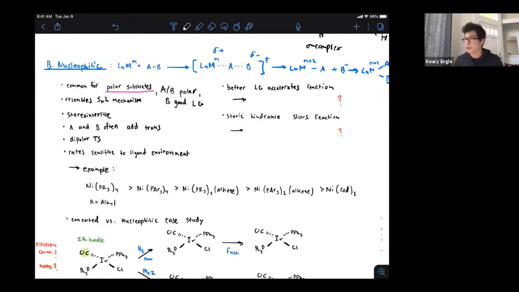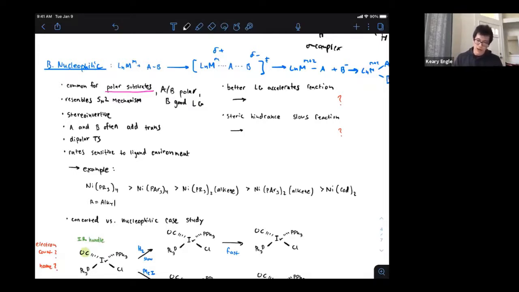The specific example here is a series of mostly tetra, but in some cases tri or di substituted coordinate nickel 0 complexes. Now, for a tetra substituted nickel 0 complex, it certainly needs to dissociate one or maybe even two of its phosphine ligands to allow free coordination sites for oxidative addition.